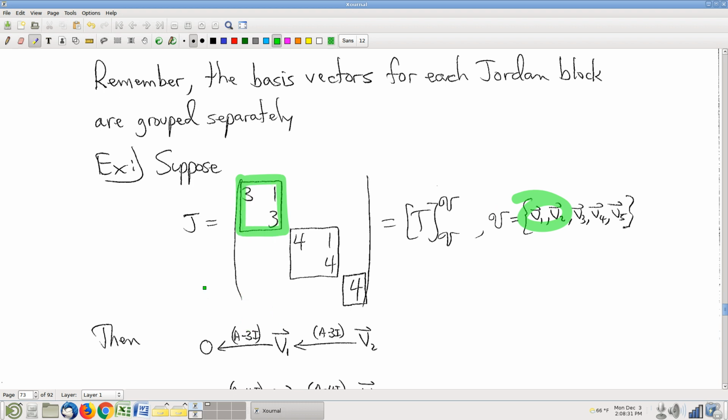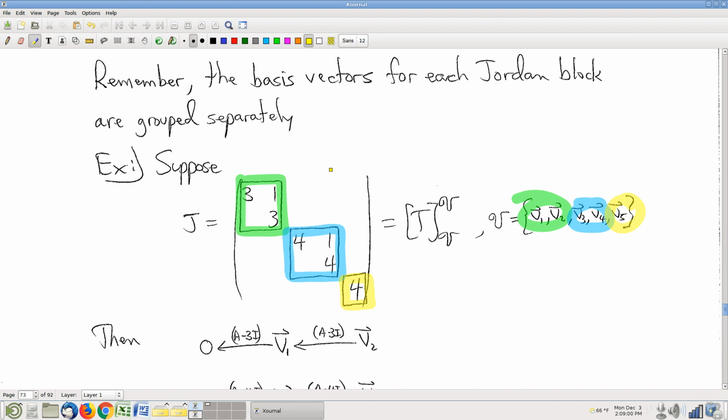Next, the second Jordan block corresponds to columns 3 and 4, and thus basis vectors 3 and 4. Everybody on board? Again, don't worry about why this is. This is just what the formula turns out to be, and there's some tedium in deriving this. Lastly, the last block corresponds to column 5, and thus basis vector 5.